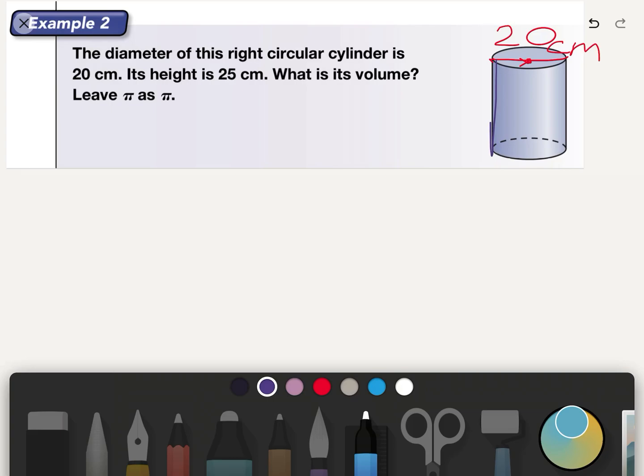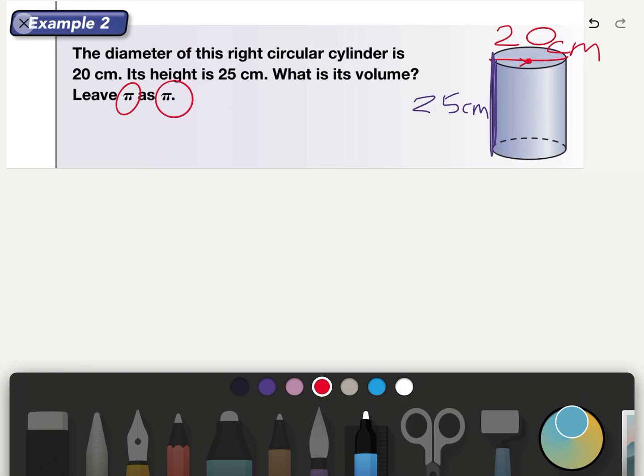Its height is 25 centimeters. What is its volume? Leave pi as pi. So, well, that means we don't have to actually do any computation. I suppose they have these examples to have us practice just leaving functions as functions in problems. And, well, saves us a few steps.